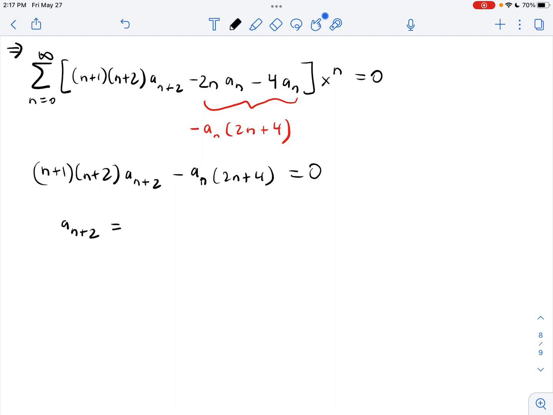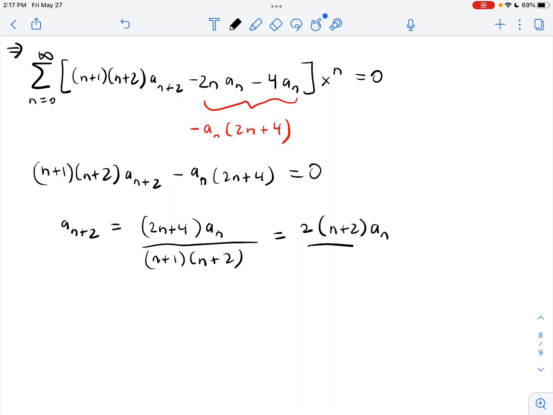This gives me, I move that guy to the other side, so that means I'm going to have positive 2n plus 4 times a n divided by n plus 1 times n plus 2. But this does simplify. I don't know if you guys see this, but if you pull out a 2 on top, you have n plus 2.